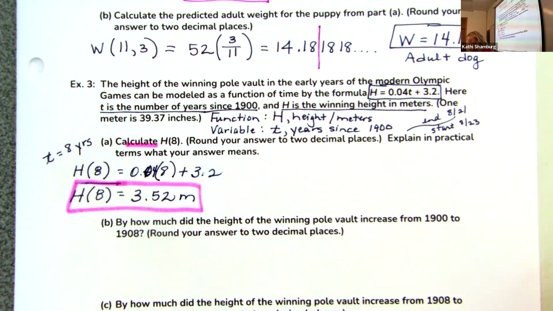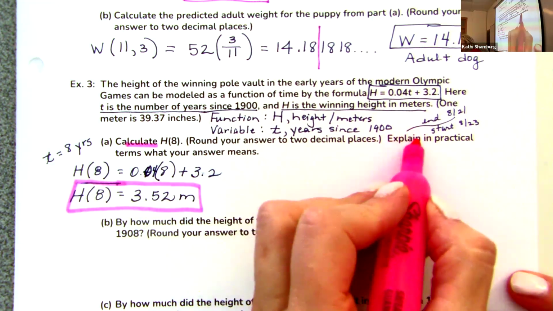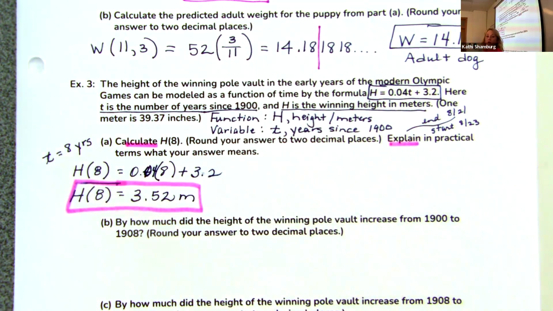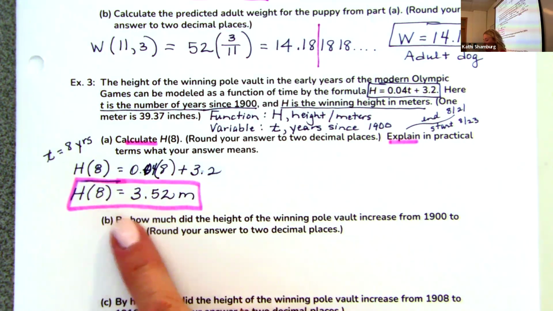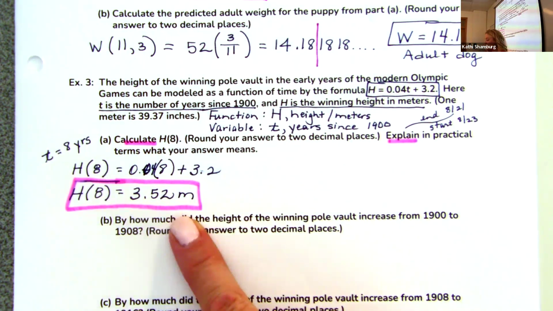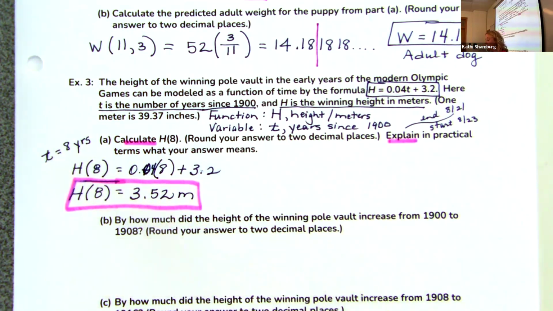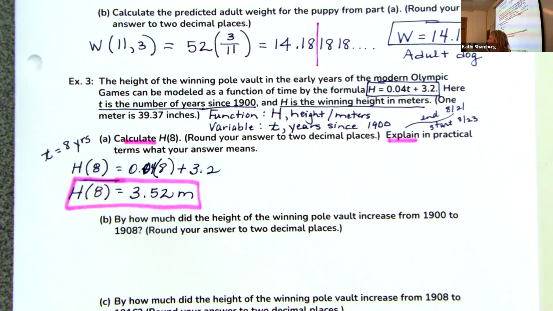But here's the thing, it's also asking me to explain. Now, when I ask you to explain, I'm asking you to explain what this means in practical terms. So problem specific. I can't just say H at 8 is 3.52 meters. You're not giving me enough information.